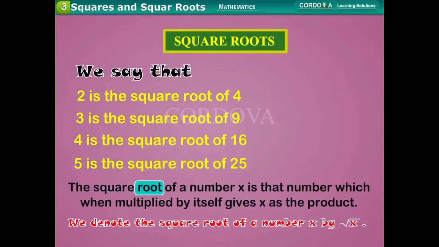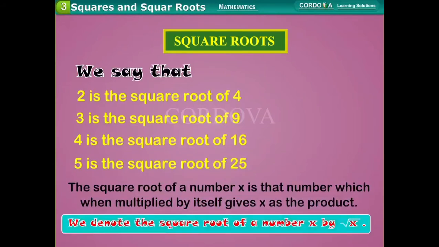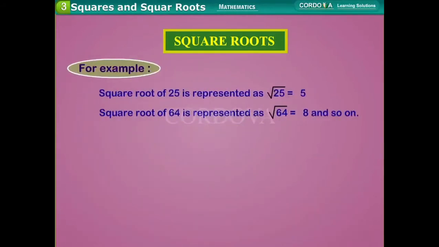The square root of a number x is that number which, when multiplied by itself, gives x as the product. We denote the square root of a number x by the radical sign. For example, the square root of 25 is represented as equal to 5. The square root of 64 is represented as equal to 8, and so on.